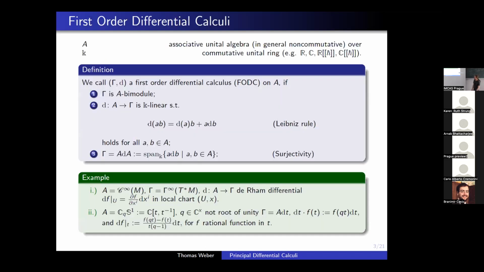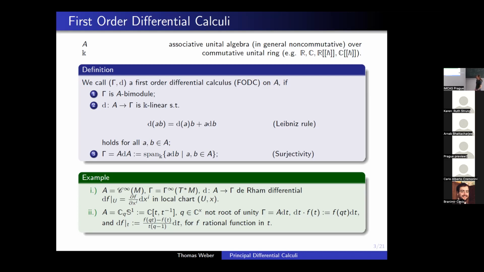I will start very basic. I guess that most of you, or maybe everybody, knows this slide here. So what is a first order differential calculus? We start with just an algebra A. We don't want to have commutativity.